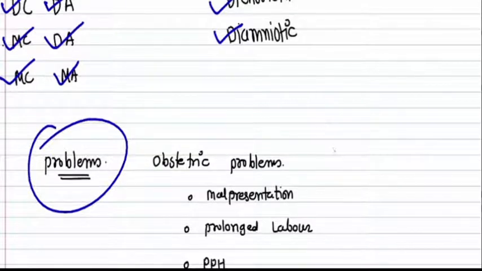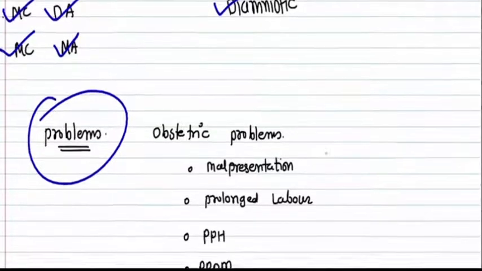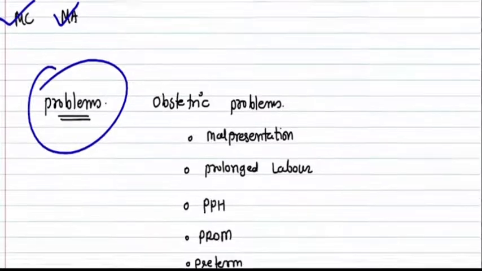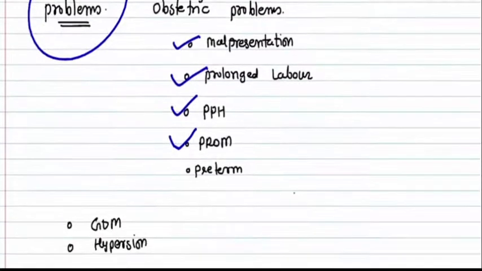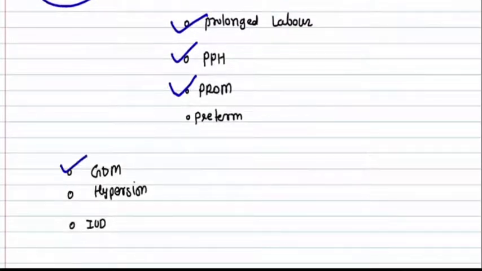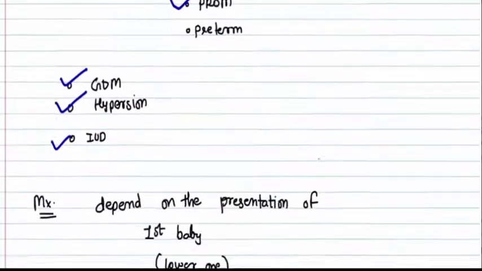Twin pregnancy is definitely considered a high risk pregnancy because there are chances of malpresentation, prolonged labor, postpartum hemorrhage, preterm labor, premature rupture of membrane, uncontrolled GDM, uncontrolled hypertension, and the risk of intrauterine death.